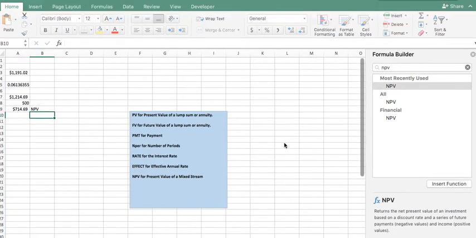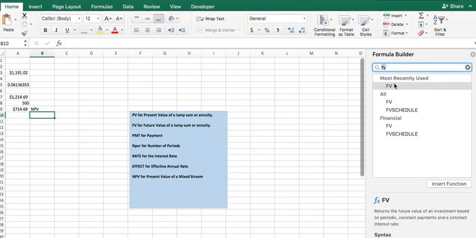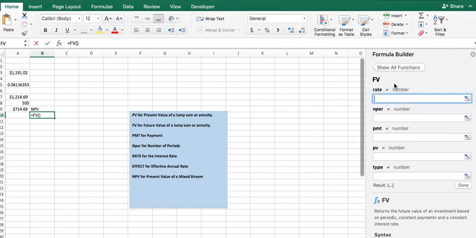And a couple of other things I'll show you really quick are just some shortcuts that you can use within the formula builder. So let's say we're working on a future value problem, and let's say we work the problem first with a rate of 6%, and number of periods is 3 years, annual compounding, and we start out with $1,000.